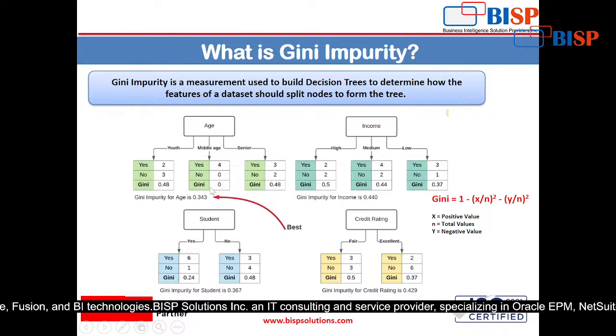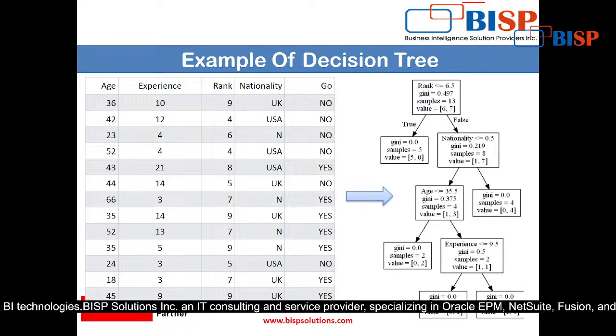Now no matter whether the name is given or not, that doesn't matter. The algorithm works based on the data that is given to it. For example, let me give you one more example.